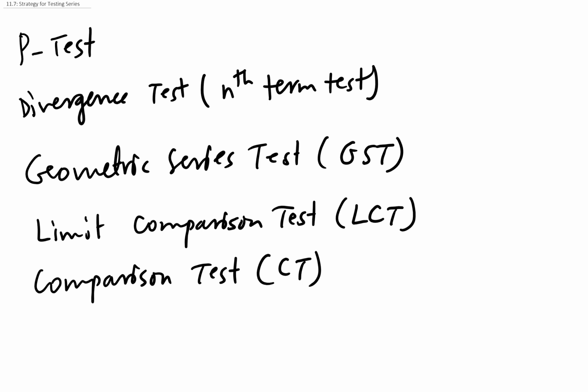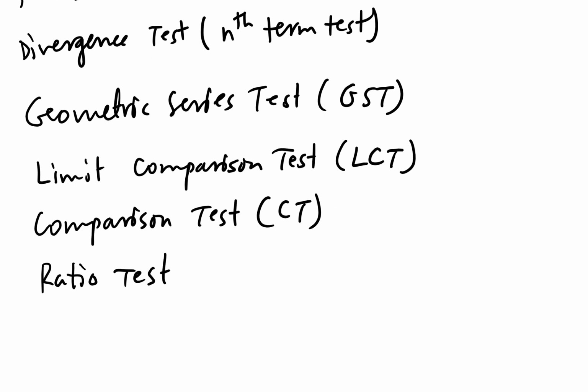If you think there is a factorial in the sequence, or a number to the n, we use the ratio test. If you see the nth root, or something to the n or n squared, that's where we use the root test.